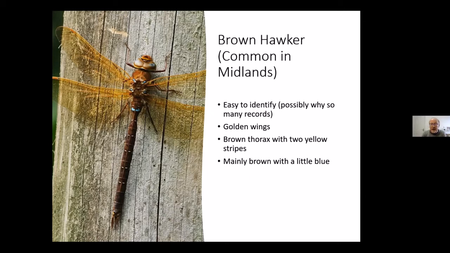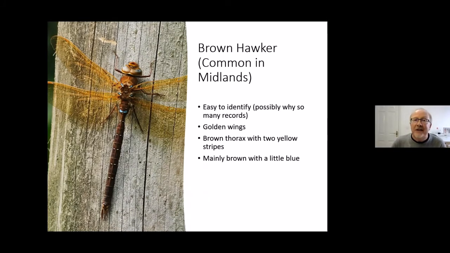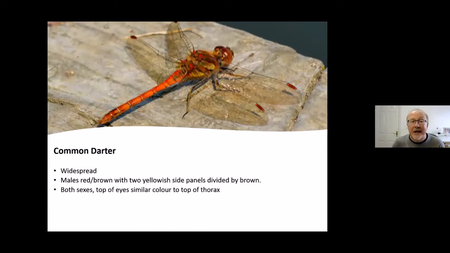So as it's flying around, golden wings, very easy to spot, brown body, there's really only one it can be, and that's a brown hawker. There is a little bit of blue on it, but it's predominantly brown with golden wings. So you're not going to be able to get that one wrong. There's nothing really to mistake it for.